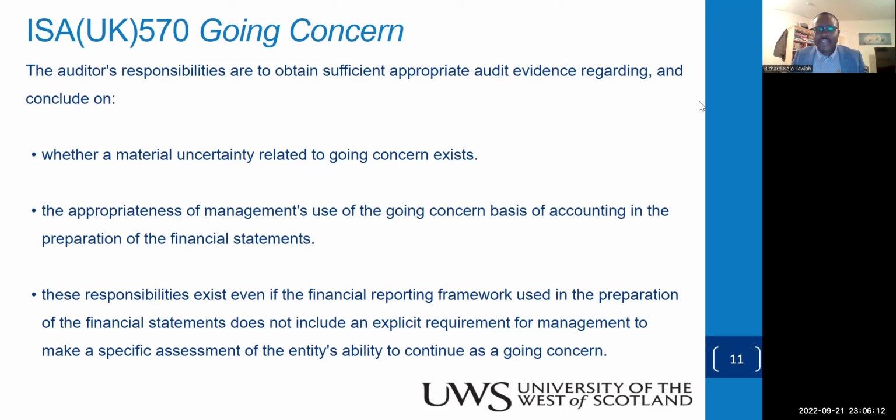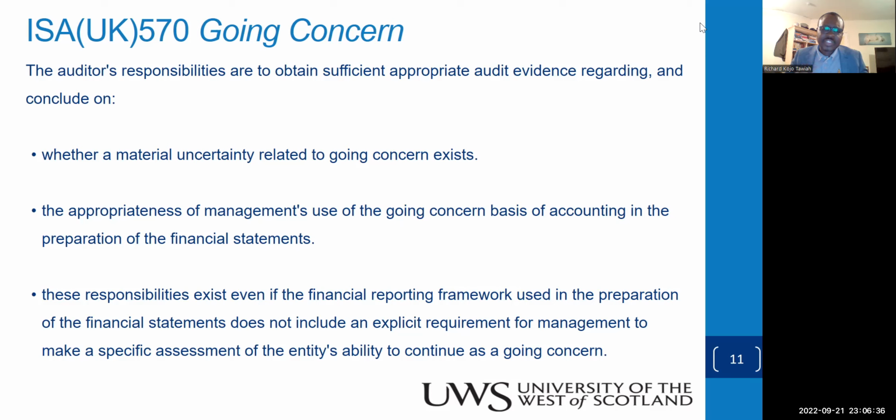So ISA 570 talks of going concern. It says, as an auditor, we must gather sufficient appropriate audit evidence regarding going concern, and we must conclude on whether there is any material uncertainty regarding the going concern issues of the company. Is there any material uncertainty relating to going concern?